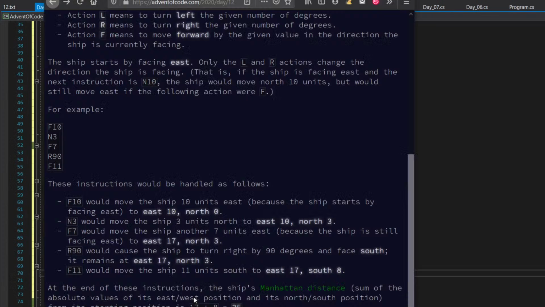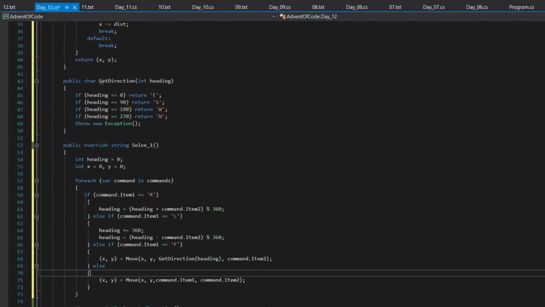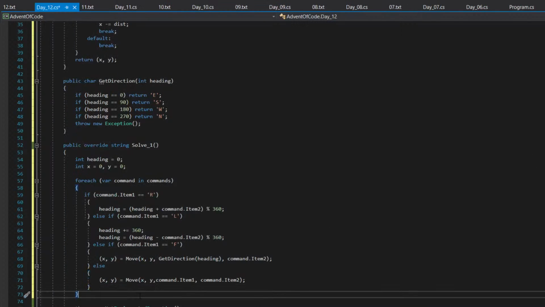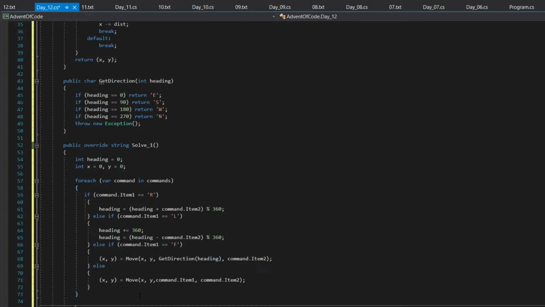All right, so once we've moved around, we should have X and Y. And we just need X plus Y. We don't need to subtract it from 0. Convert this to a string.